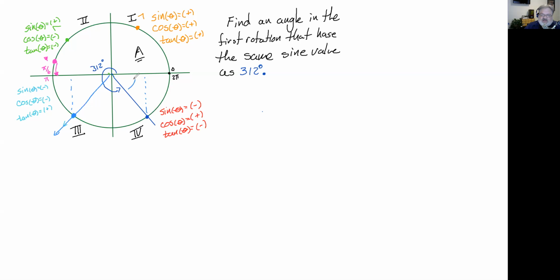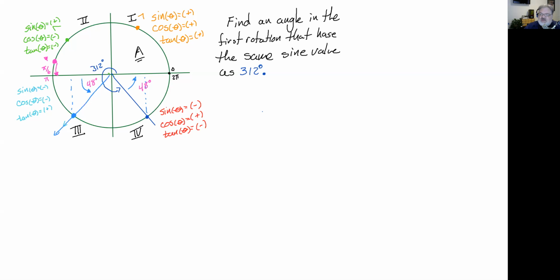So this angle here must be the same as that angle there. We know this angle because we have the other part of it. So that angle has to be 48 degrees? So the reference angle for this one has to be 48 degrees.